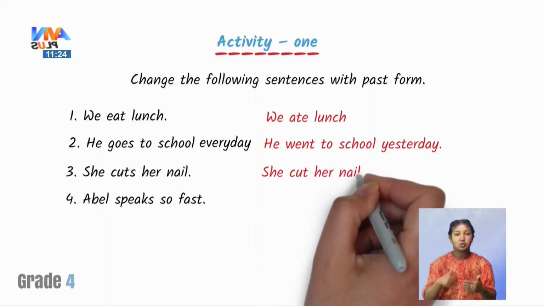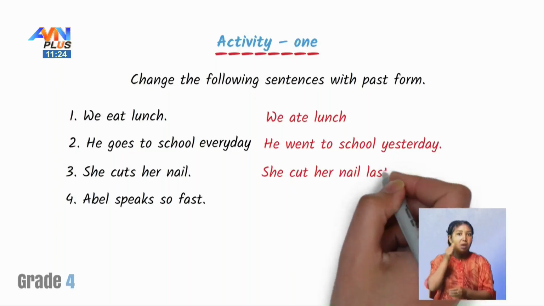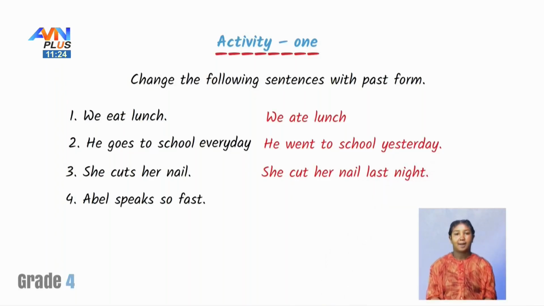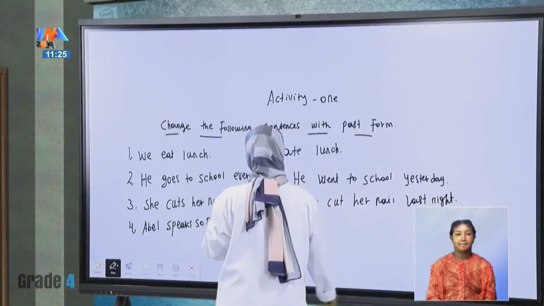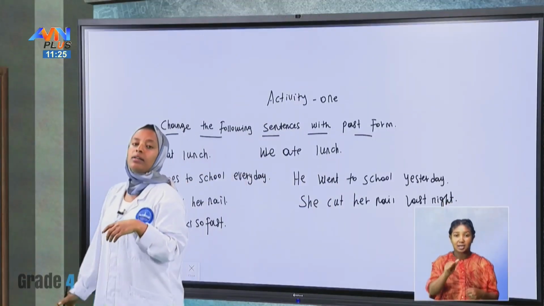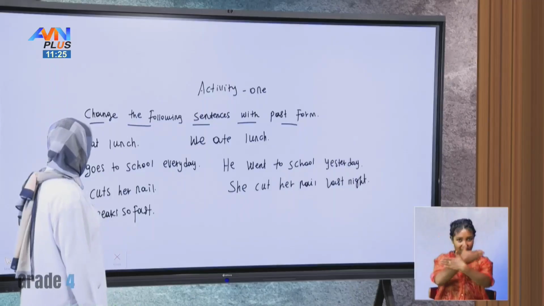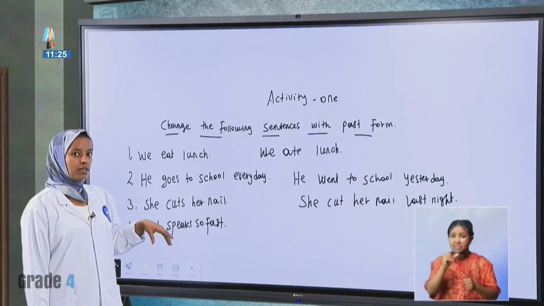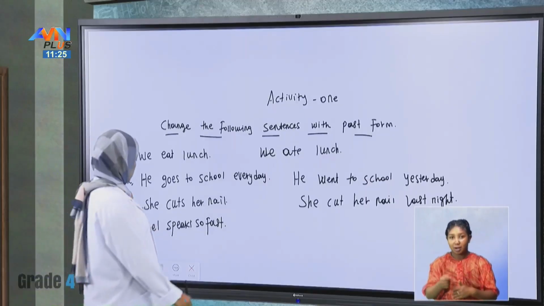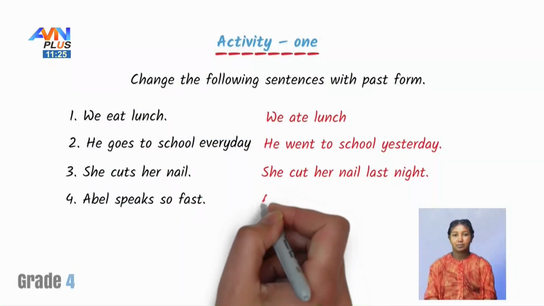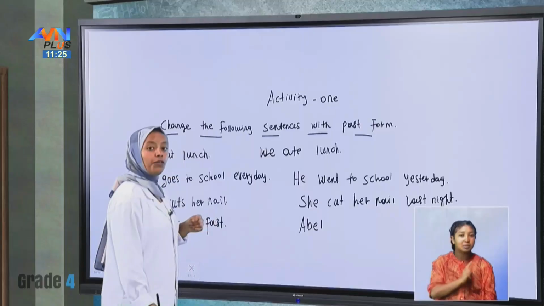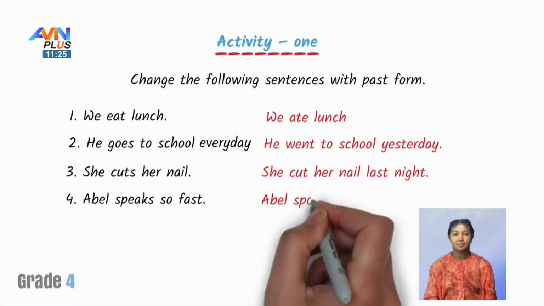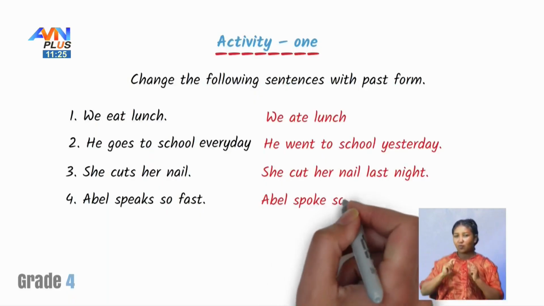So we can add a specific time, for example, last night. She cut her nail last night. Let us continue. Here, Abel speaks so fast. So we can say Abel. The past tense of speak or V2, spoke. Spoke so fast.